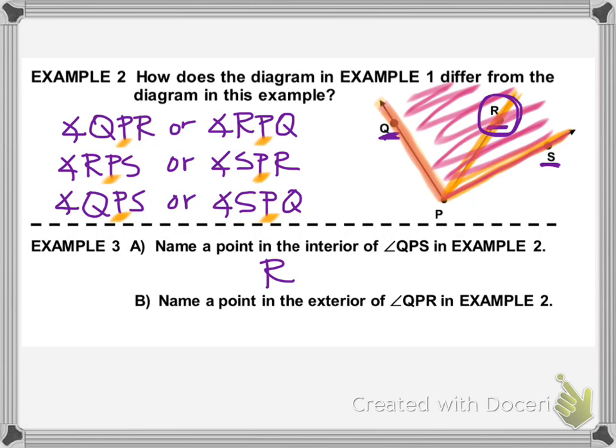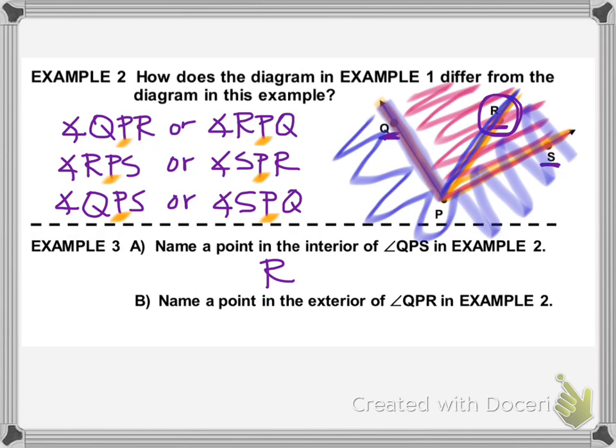Let me change my color one more time. Angle QPR is right here. QPR, that's this angle. The exterior would be all of this area. So a point in that part would be point S.